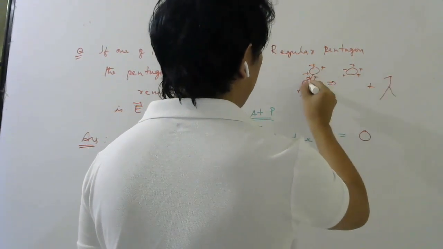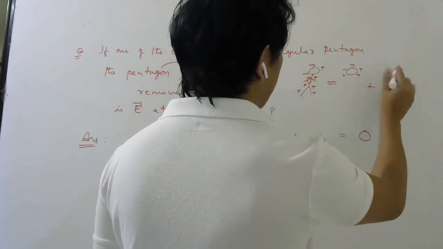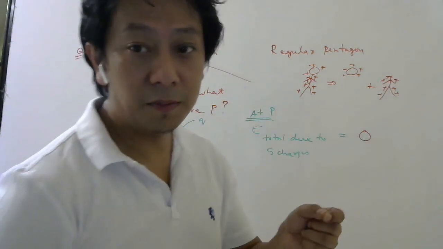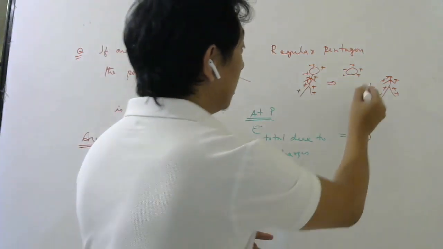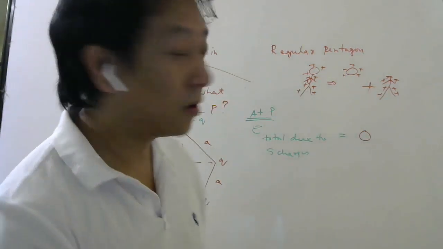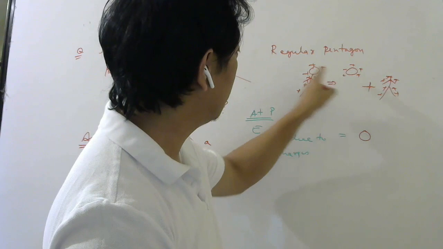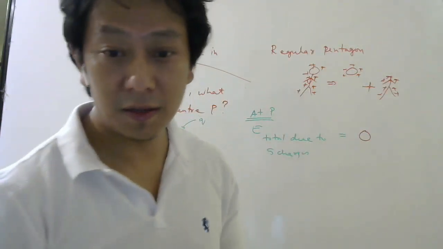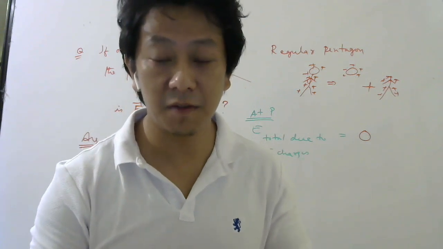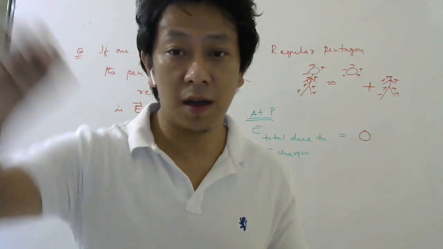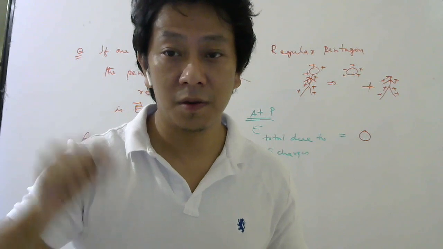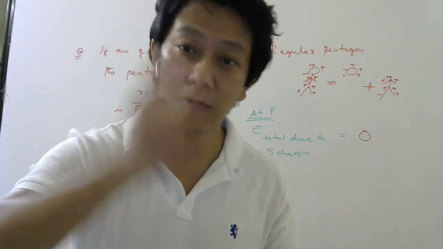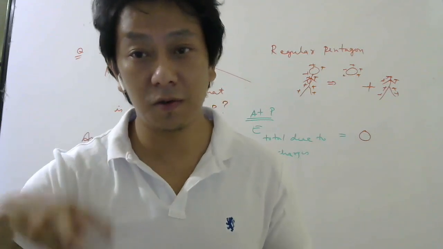The electric field at any point is the vector sum of the electric field due to the head plus the electric field due to the remaining part. That is the meaning of the superposition principle, right? If I give you Q1, Q2 and I want the electric field at a point, then the total electric field is the vector sum of the electric field due to Q1 plus the electric field due to Q2.